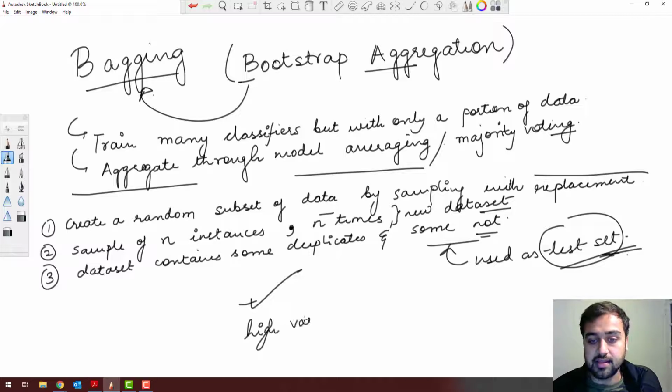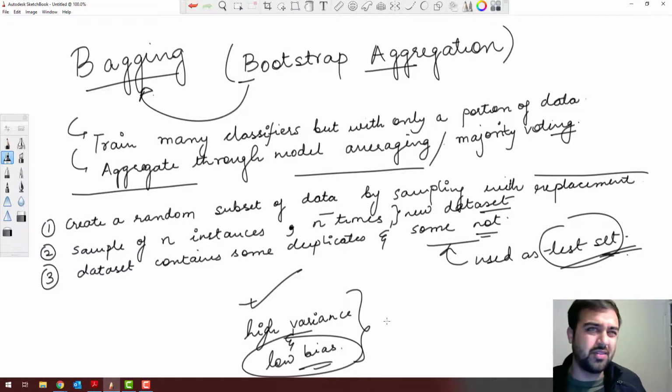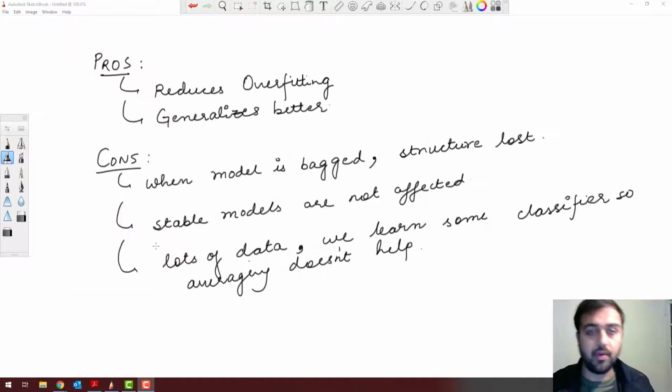So if a model is overfitting, try and bag that model. By doing so, you'll be able to reduce the variance, because the variance happens to be on the data set, right? So bagging, in most cases, would reduce the variance by a lot.